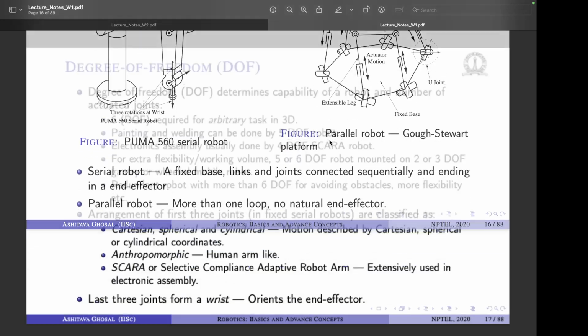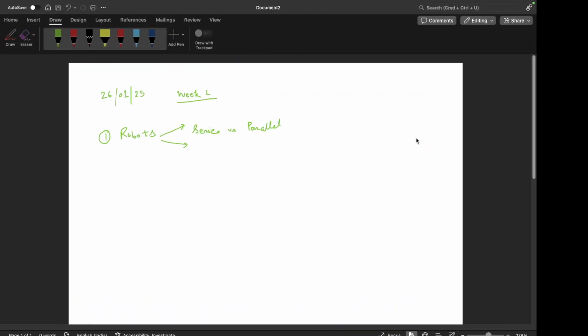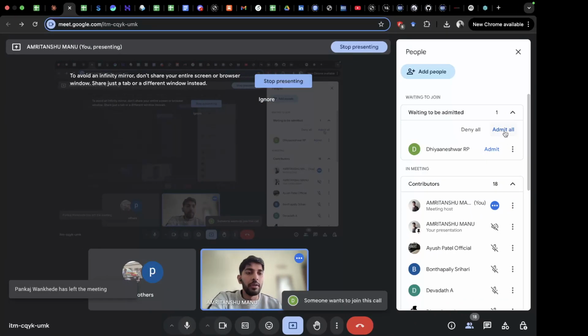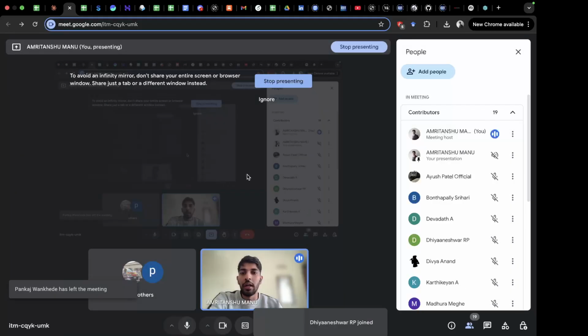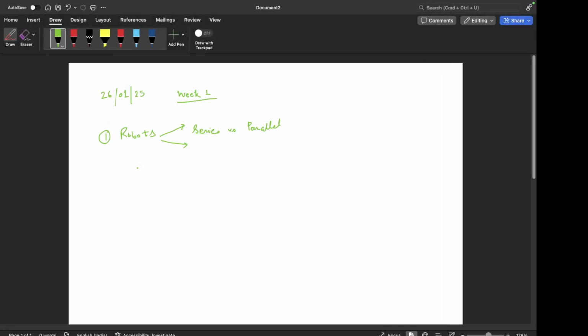One more type of robot which I would like to discuss here, which does not entirely fit into the description of series versus parallel robots, but can be thought of as a combination, is what we call floating base robots.